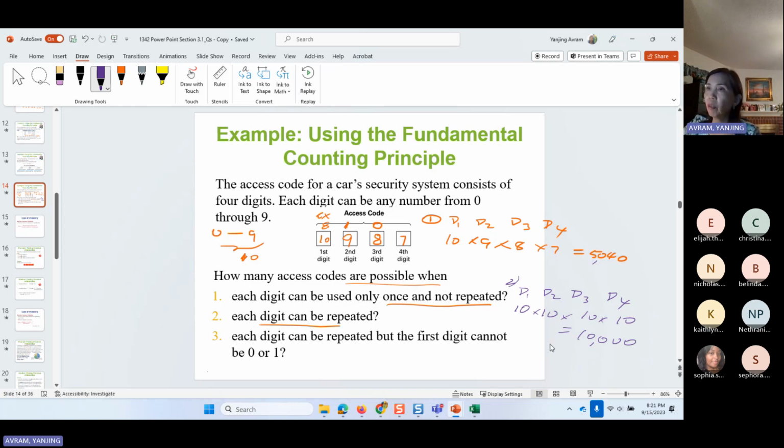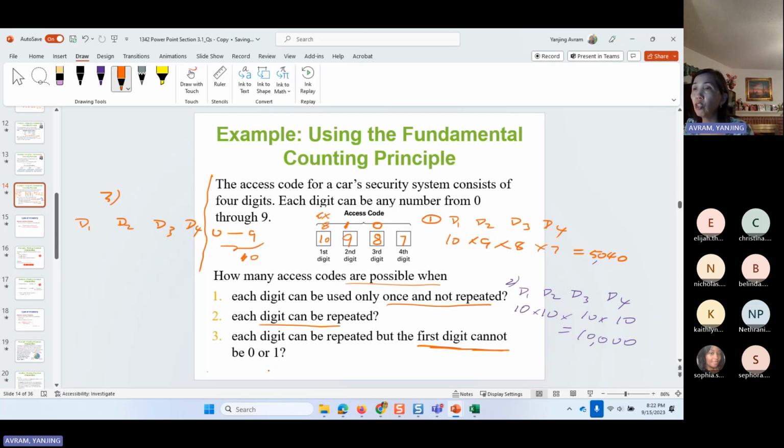Okay, let's look at number 3. Let's see how we do number 3 in here. Number 3 has a little bit of a limitation. Each digit can be repeated, but the fourth digit cannot be 0 or 1. So the fourth digit cannot be 0 or 1.